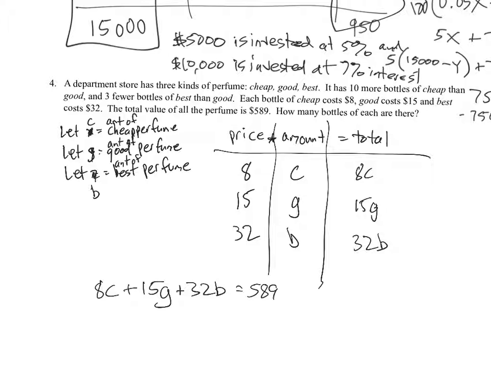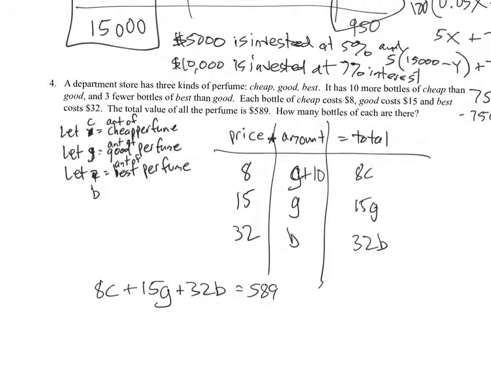But they essentially define what each of these things is. C, cheap, is defined in terms of good. 10 more bottles of cheap than good means C is G plus 10.